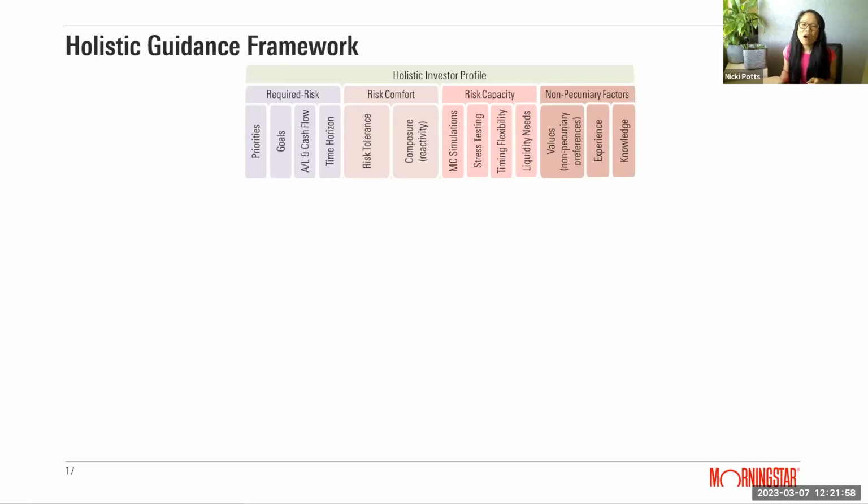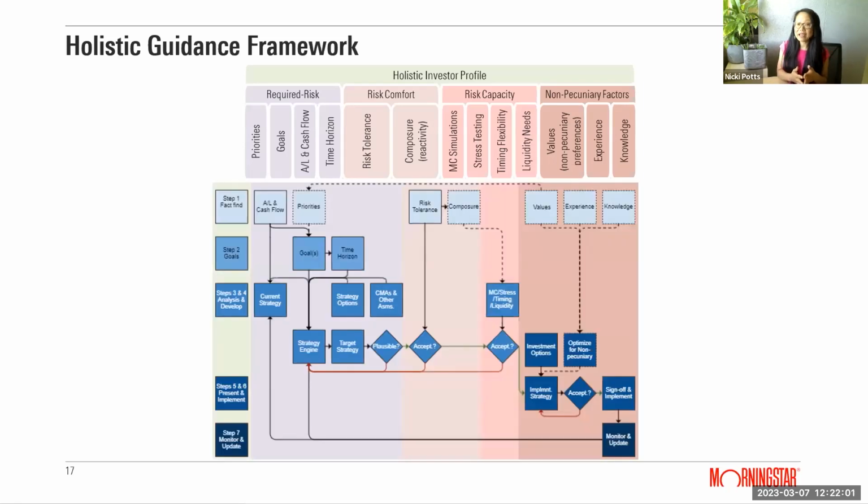Then on the y-axis, we have the CFP's 7-step financial planning process. The core components shown there in the solid line boxes are your foundational pieces. They're your must-haves, with the optional enrichment components shown with the dotted line boxes that allows firms to customize and scale their user experiences based on their clientele and or the service levels you're offering.